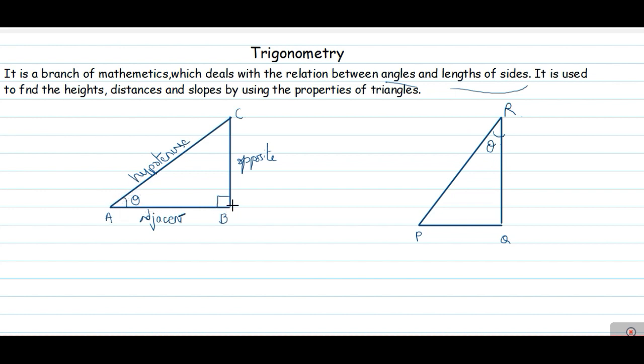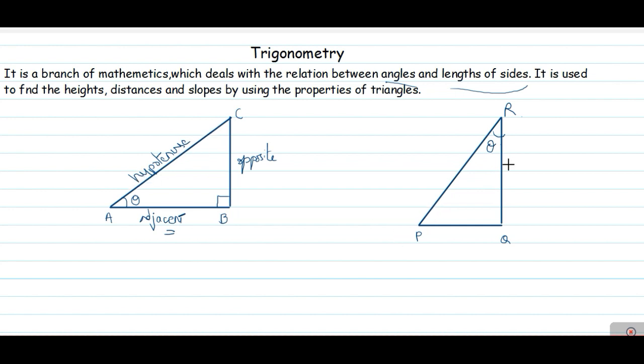So, which one to consider as adjacent and which as hypotenuse? That is why we first marked the side AC as hypotenuse, because AC is the side opposite to 90 degrees, and the other side is the adjacent side. And in a right angled triangle, the hypotenuse is the longest side.